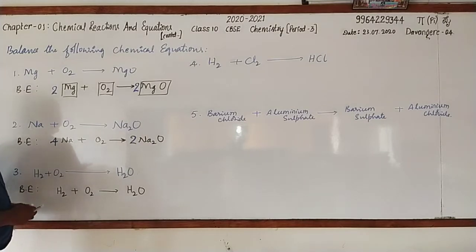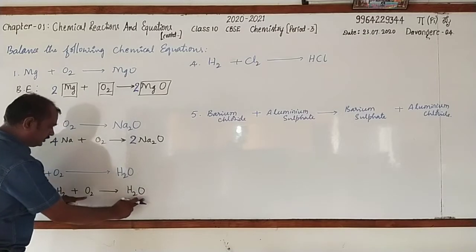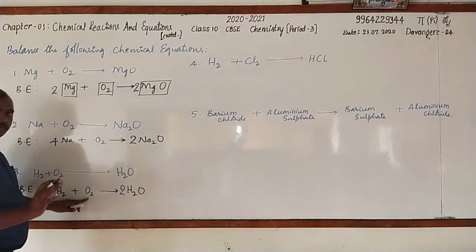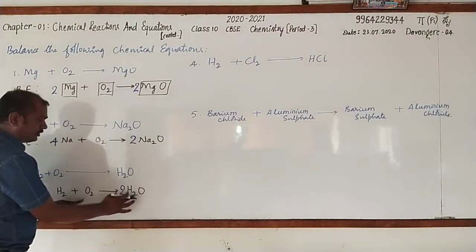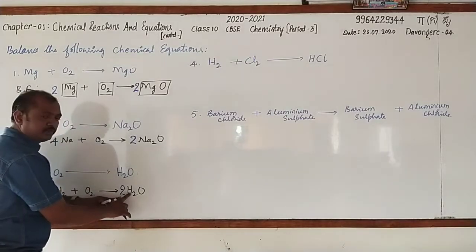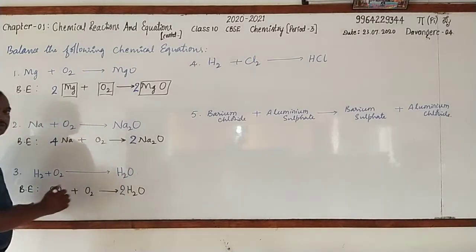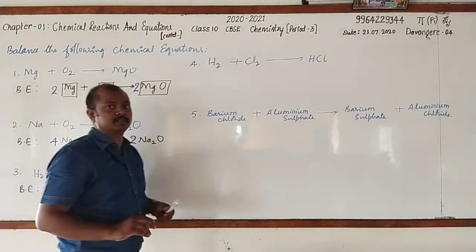Then we can balance oxygen. How many are there? Here 1, here 2. Then what should be multiplied? 2. Clear? Oxygen is balanced. Hydrogen: 2 twos are 4. Here how many are there? 2. What should be multiplied? 2. See that? 2 twos are 4 atoms of hydrogen, 4 atoms of hydrogen. Oxygen 2, here oxygen 2 atoms. It is a balanced equation.